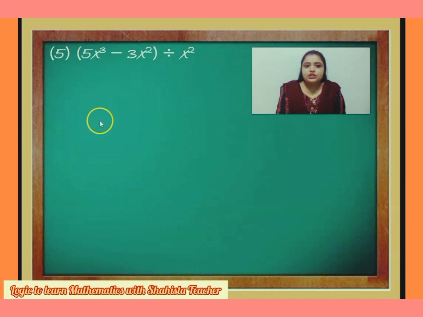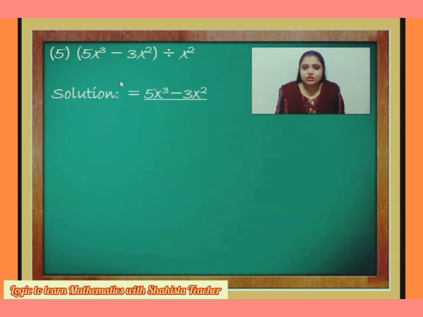As you know, 5x cube minus 3x square is a binomial and x square is a monomial. So simply we have to divide this. Here we will write the solution: 5x cube minus 3x square is the numerator and x square is the denominator.